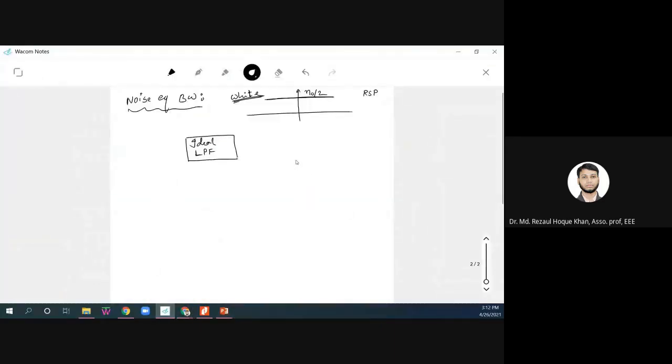Now imagine we have an ideal low pass filter. We give white noise as an input. Give it a name S, because it's in the frequency domain, and our output will be S of Y. This noise spectral density is actually here.